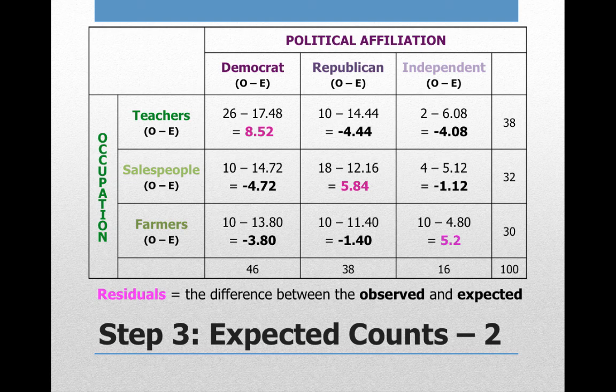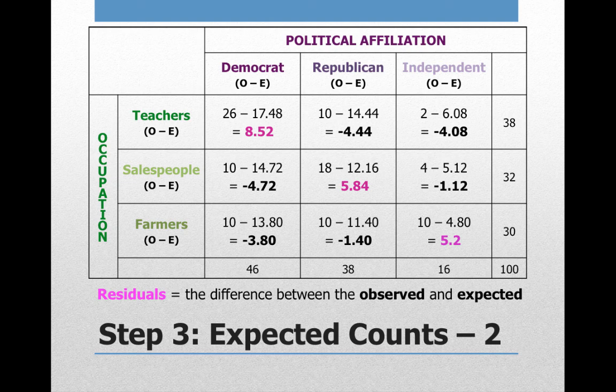So we actually see a negative residual, a negative 4.44. So we actually see fewer Republican teachers in our sample than what we expect. And we see actually more Democratic teachers in our sample than what we would expect.